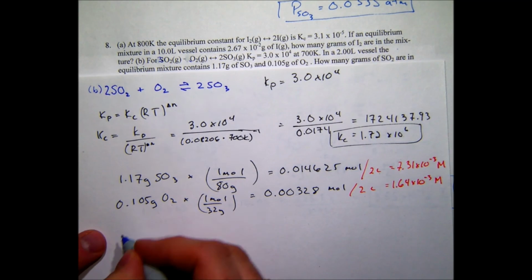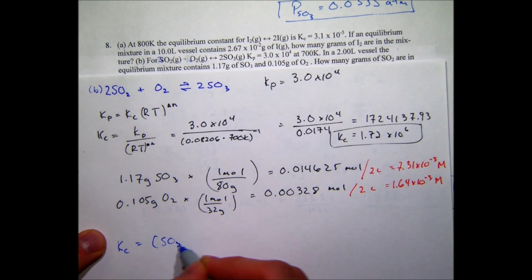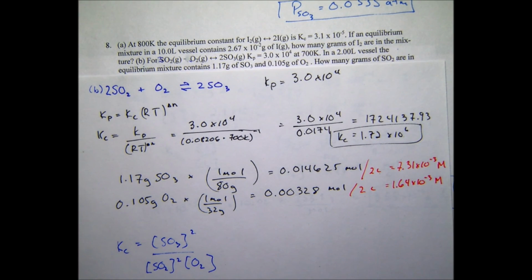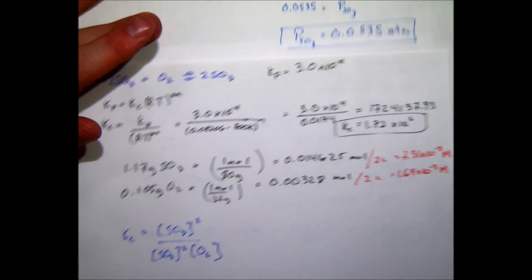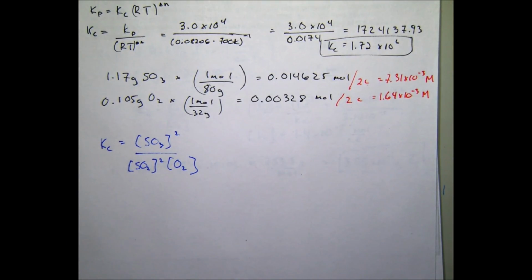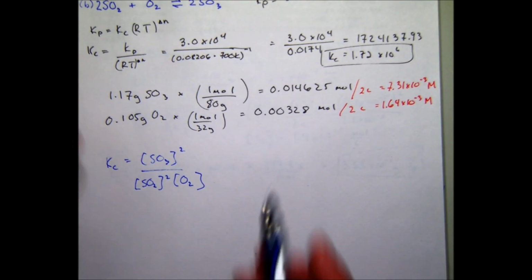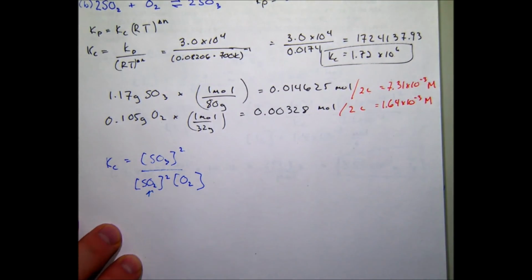Now, once again, we have to write the equilibrium expression. SO3, so we have the equilibrium expression now. So now we're just going to plug in our values. The question is asking us to solve for SO2, so we are after this variable.